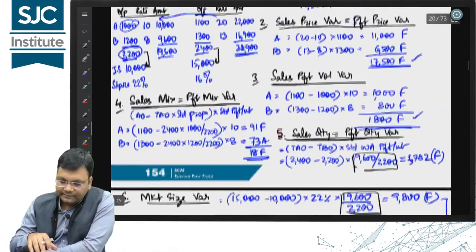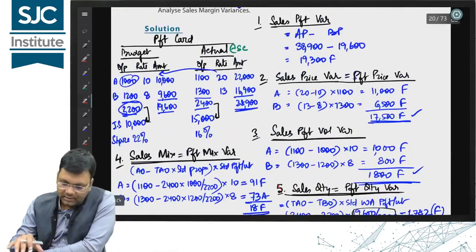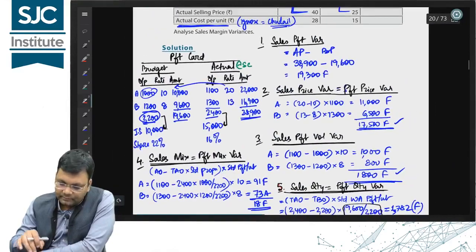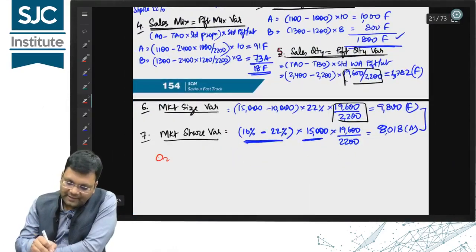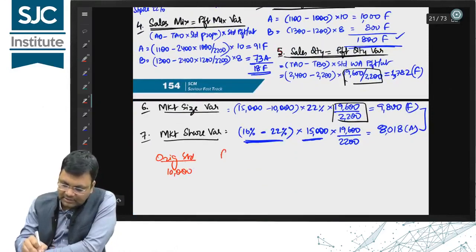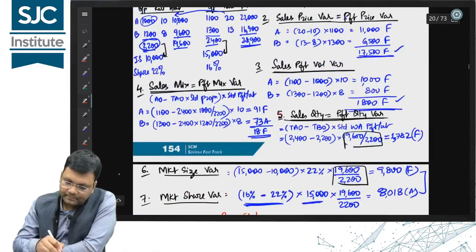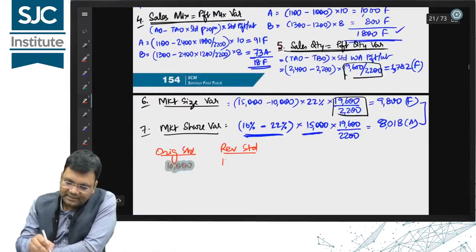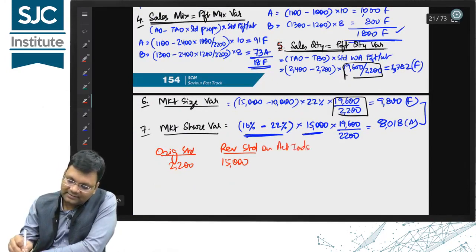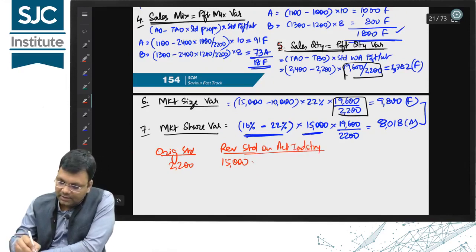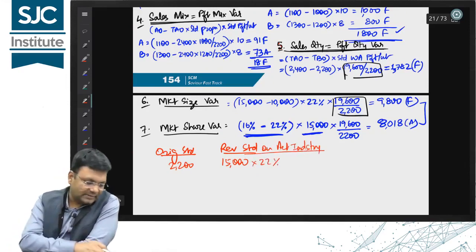There is another way to do this. If you remember, I can find my original standard sales, which is already known, 10,000. Then I can take revised standard, original standard sales is 2,200. Revised standard sales will be based on actual circumstances or actual industry sales. So from 15,000 I need 22%.